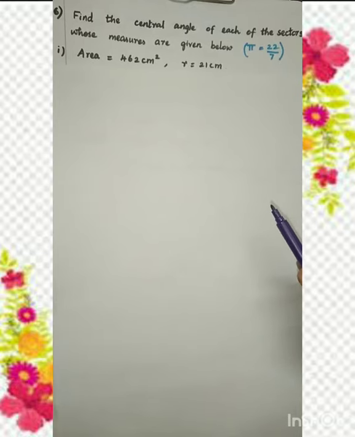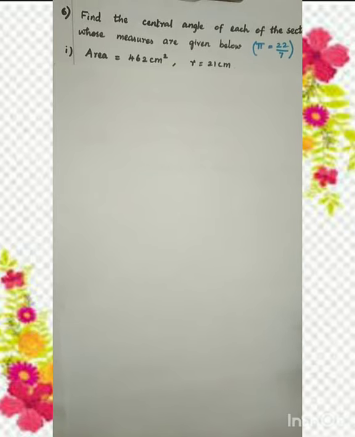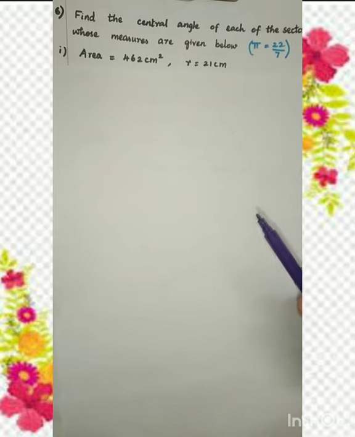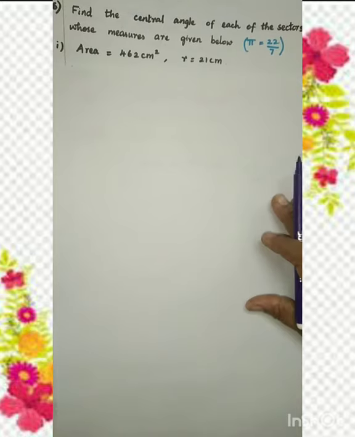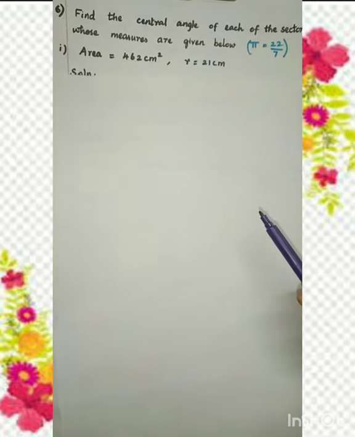We are going to find the central angle of each of the sectors. For central angle, we have two formulas: one is with the area and one is with length of the arc. Here area is given, so we can apply area equal to theta by 360 degree into pi r square units.